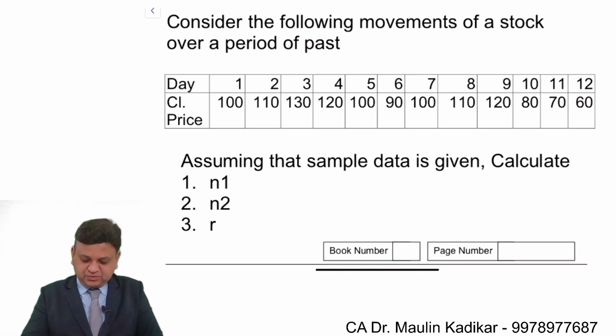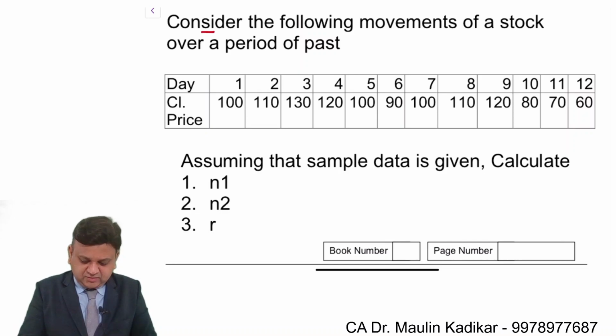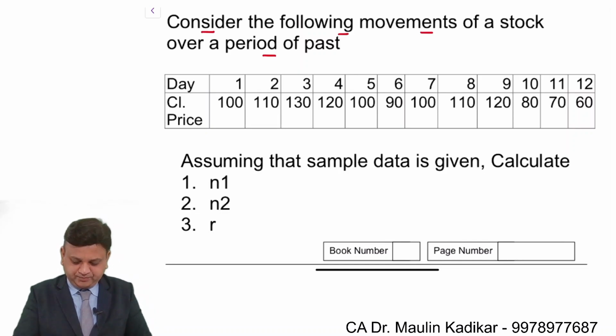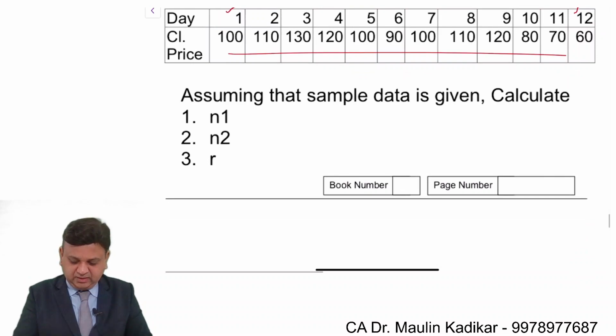Let us start with the next question, in which we are going to understand the calculation of R. Consider the following movement of the stock over a period of the past. We have been provided with the closing prices from day 1 to day 12. Sample data is given.